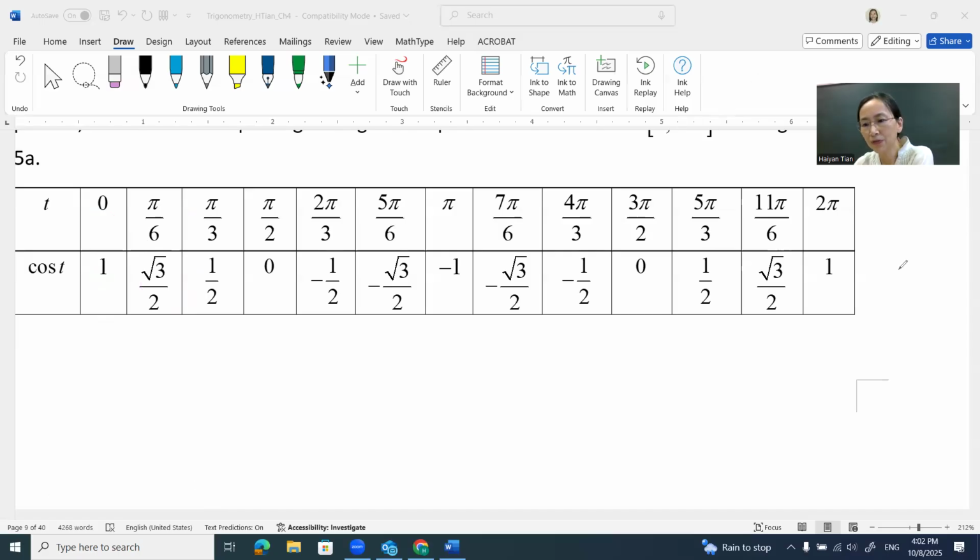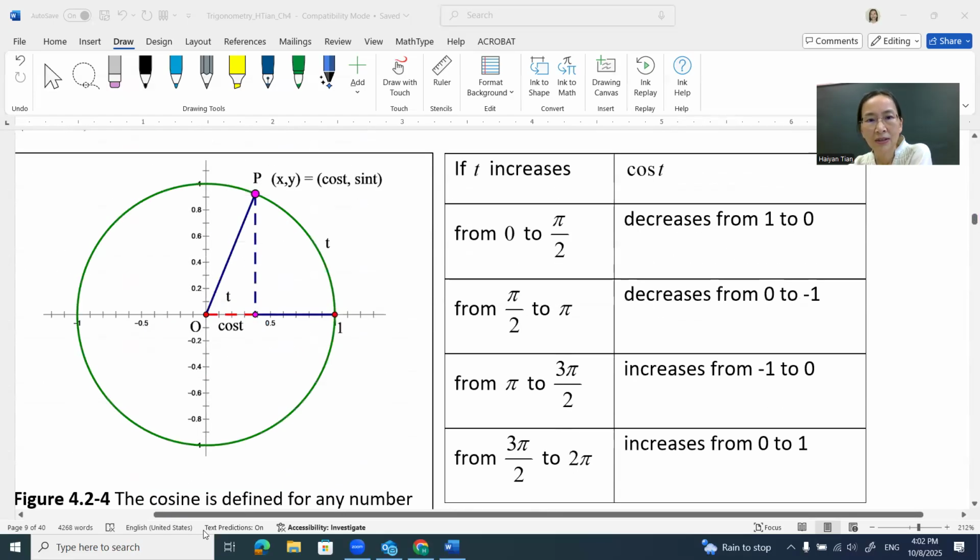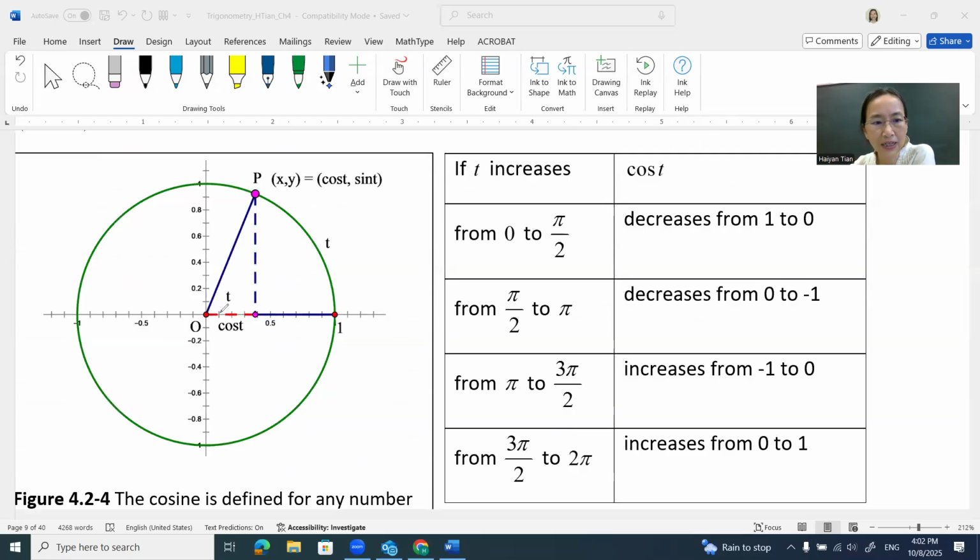But we know the cosine t is defined for any t, right? With this picture, we can see for any t from 0 to 2 pi, including 0 and 2 pi, for any t in this interval, cosine t is defined.